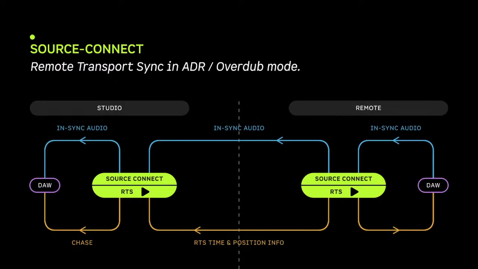The talent sees the picture, performs against the picture. The audio in the blue with the arrows going to the left, the talent performs that audio. It goes back to the post house. At that point, the post house goes into record and chases the talent, and it gets captured into the post house's DAW in perfect sync in real time.